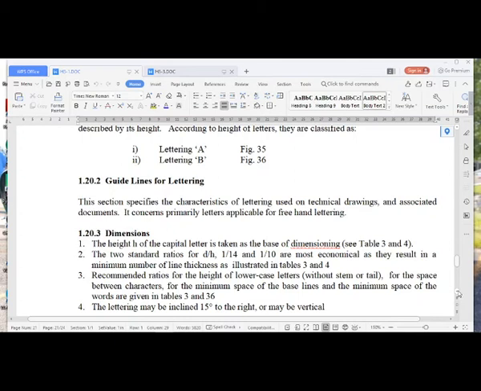The height of a capital letter is taken as a base of dimensioning. Similarly, the two standard ratios, that is d by h, 1 by 14 and 1 by 10, are most economical as they result in a minimum number of line thicknesses as illustrated in tables 3 and 4.